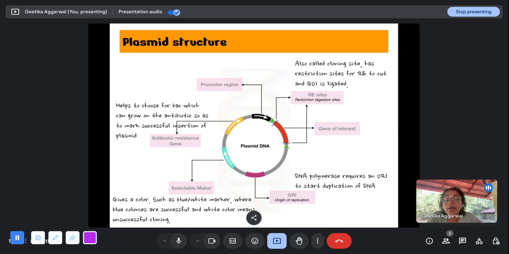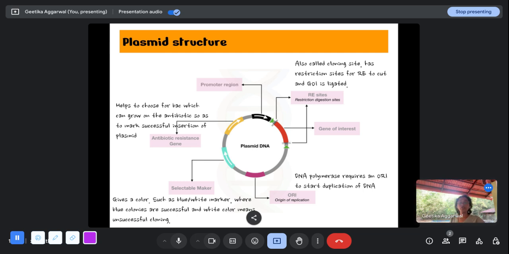Then there is this antibiotic resistance gene. It also helps you choose for the bacteria which can grow on the antibiotic plate. So when you are making these petri dishes, you actually add some antibiotic to the substrate on which you are growing the bacteria. The plasmid contains an antibiotic resistance gene.